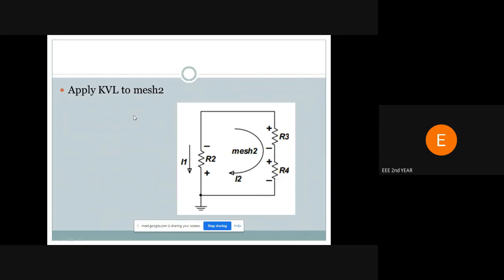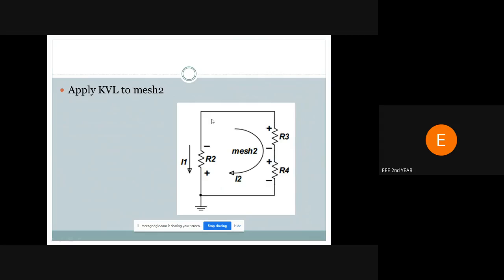Next, we apply the mesh equation, that is the KVL equation, in the second mesh. Consider the second mesh and apply KVL.